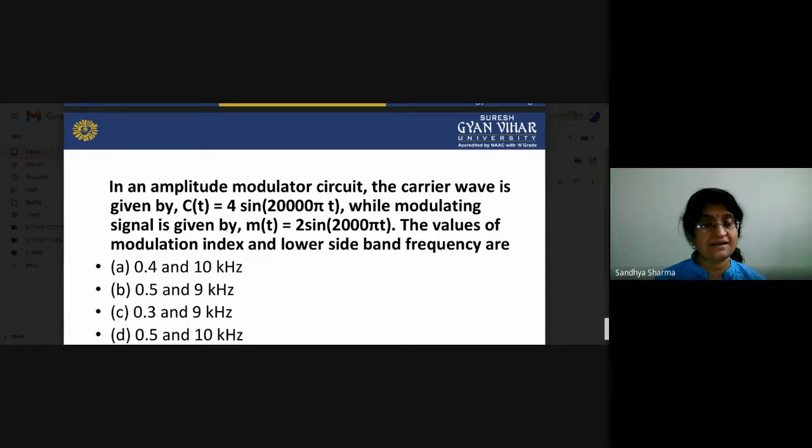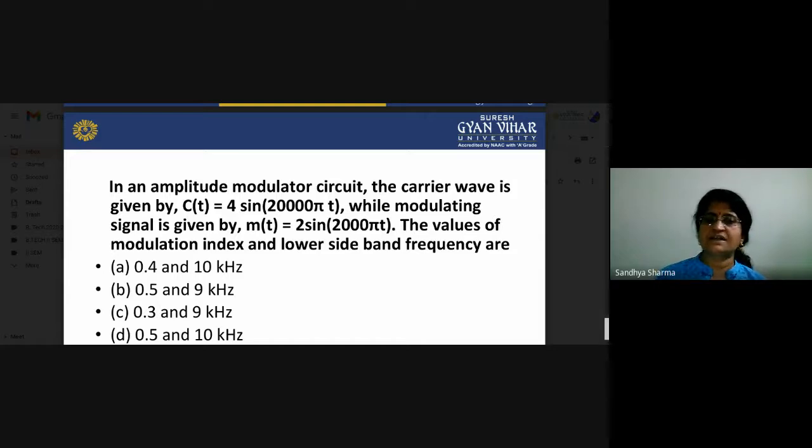What about the sideband power? Then we can also move to the efficiency of an amplitude modulation system, which is also given in terms of the modulation index. So by moving step by step, we can calculate all the parameters of our amplitude modulated signals.